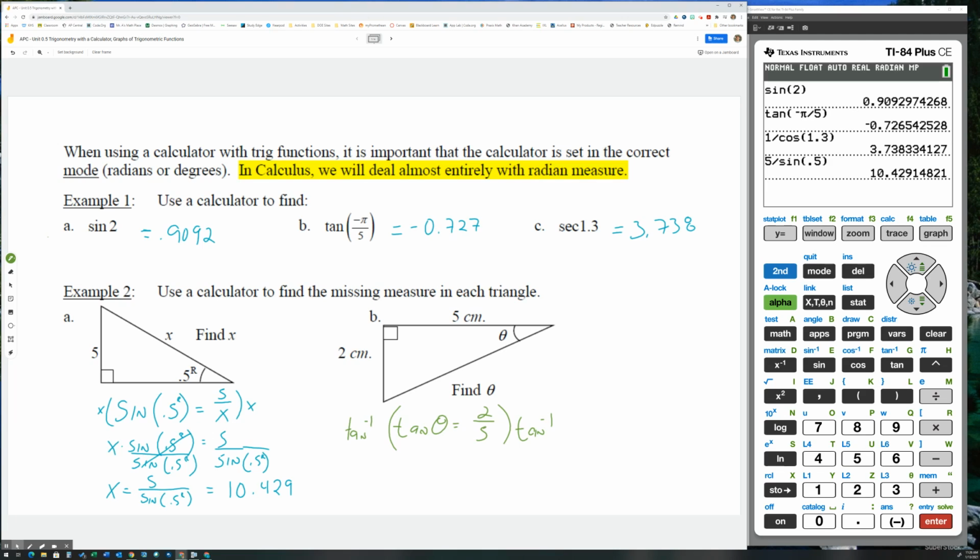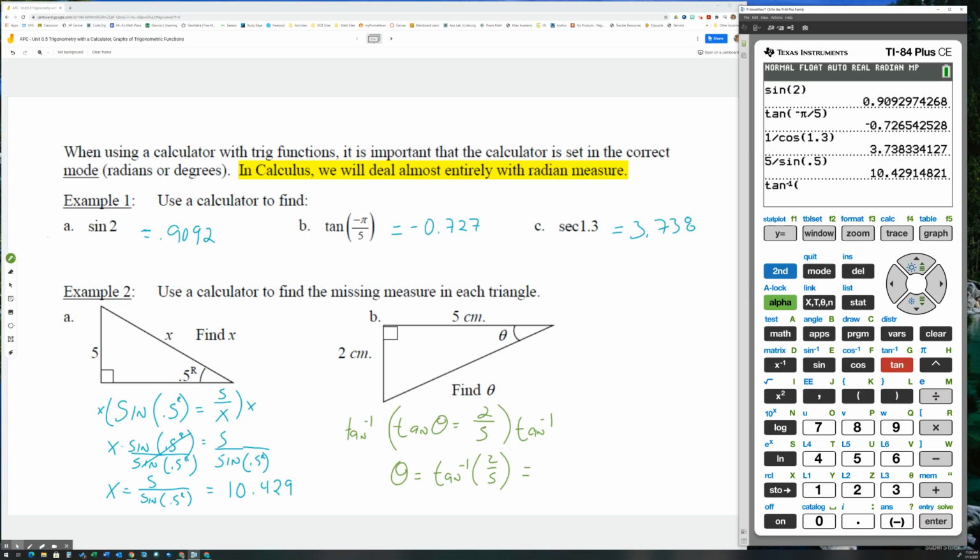So that eliminates our tangent. What we're left with is that theta, or the angle, is equal to tangent minus 1, or arctangent, of 2 over 5. To plug this into the calculator, the arctan is above the tangent, so press second and tangent, and that gives you the minus 1.